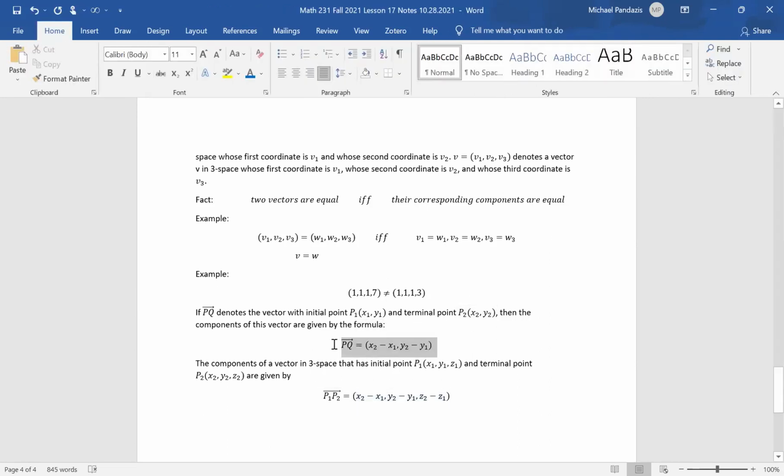Okay, so it's very similar to this, except now we're living in 3 space. I drew a picture to illustrate that.